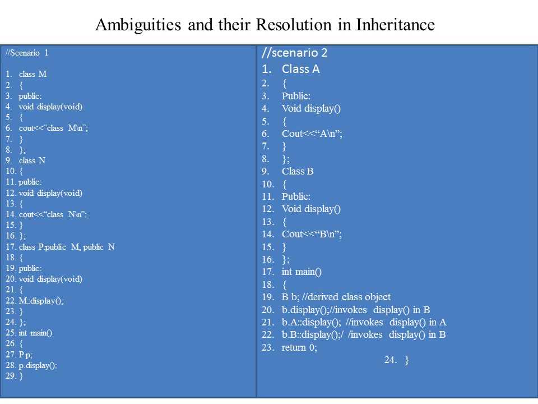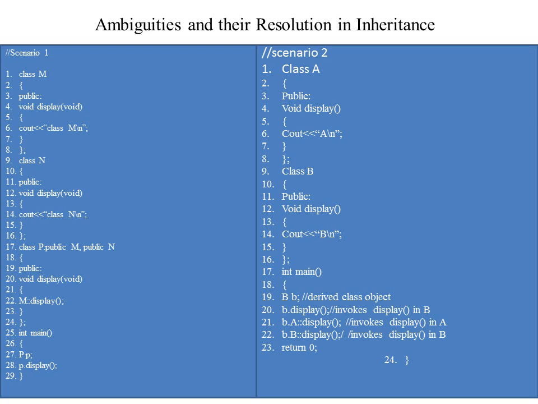If I execute only the display function without using any scope resolution operator, then it can get puzzled because it has two options, either M or N, because it has inherited two classes, M class and N class, and both have their own display function. So we are clearly saying that we want to execute M's display function in line number 22.